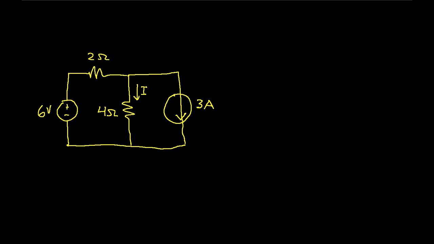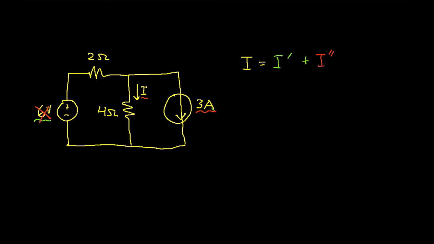So in this example that we have here, the current I might be something that we want to solve for, and the way we could solve for it would be to say that the current I is the sum of some current, say I prime, where I prime is the current due to the 6-volt source with the 3 amp source set to 0, plus the current, which we'll call I double prime, due to the 3 amp source with the 6-volt source set to 0.